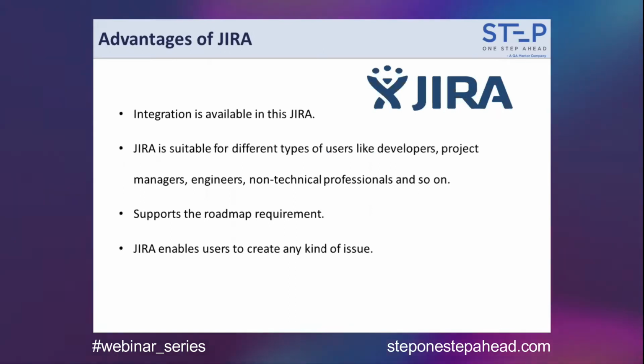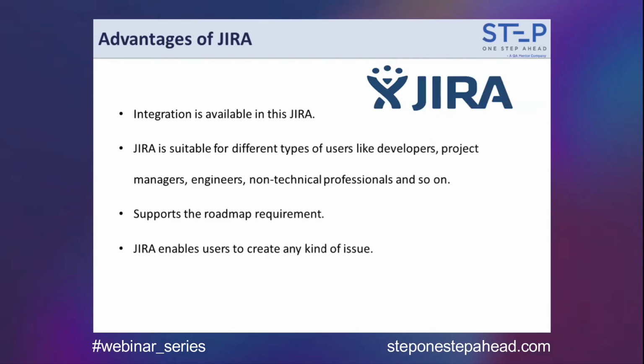So what are the advantages of Jira? Integration is provided by Jira, meaning any third-party application can be easily integrated with Jira Software. Jira is suitable for different types of users, like developer, QA, project manager, business analyst, anything.